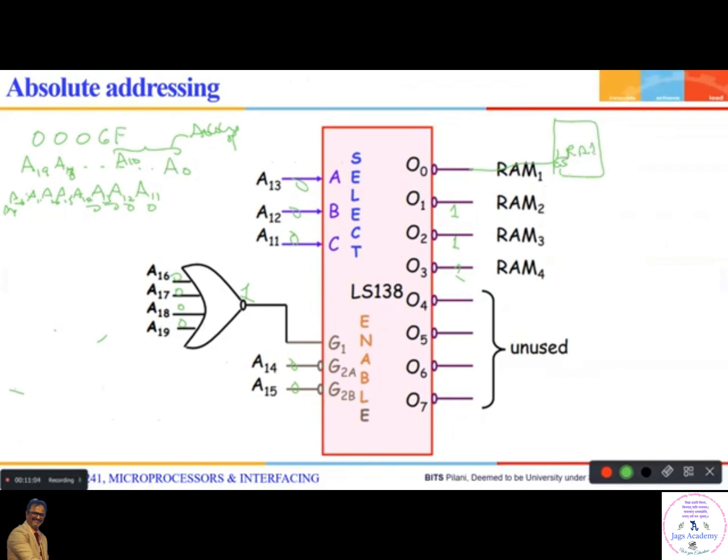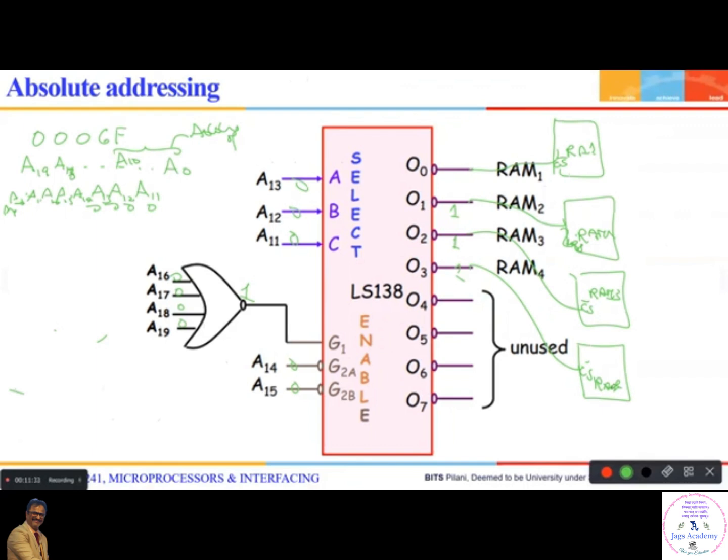and this is connected to RAM 2 chip select bar. This is connected to chip select bar of RAM 3. Similarly, this is connected to chip select bar of RAM 4. Now which RAM will be enabled? RAM 1 will be enabled.